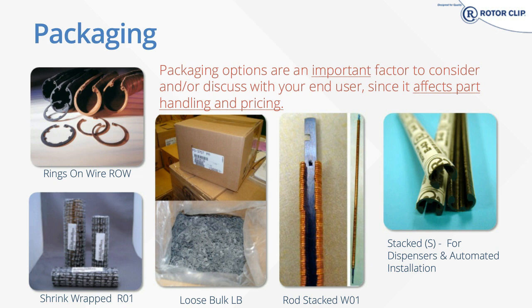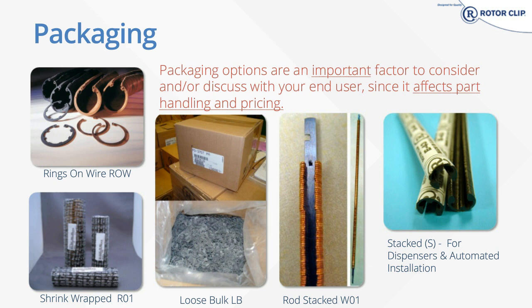If you don't want to deal with the wire, we'll gladly cut the wires and shrink wrap the parts for you. We can also bowl stack or stack many of our parts and put them onto rods, as you'll see second from the right. These rods are easily loaded into our dispensers for use with our screwdriver type applicators.